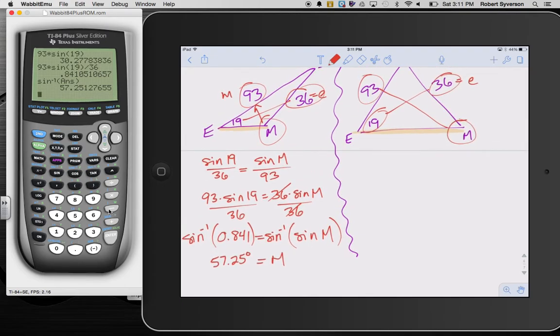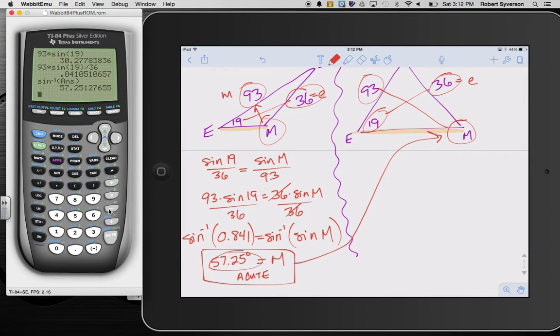Now, this is a cool moment here, gang, okay? Because what happened is we have two different triangles, one on the left and one on the right. 57.25 is an acute angle. This measurement right here fits better with the drawing I did over here.